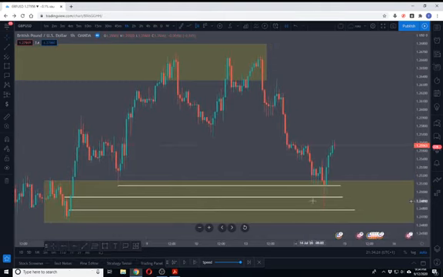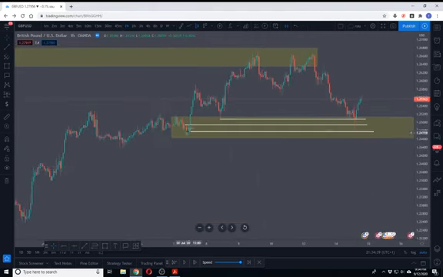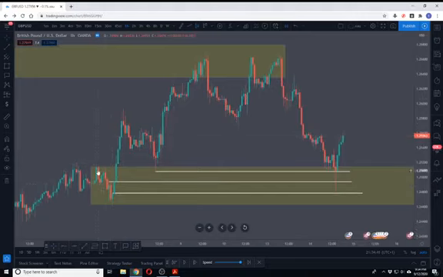The market almost comes all the way down to fill in the whole of the imbalance, and on a lower time frame down here you probably get your break of structure and some type of a trade going back up in the opposite direction.